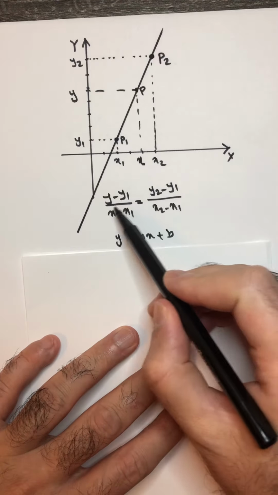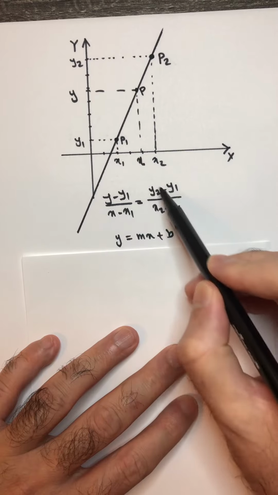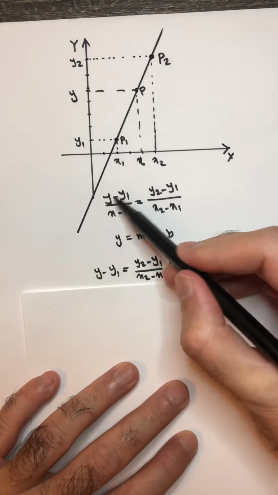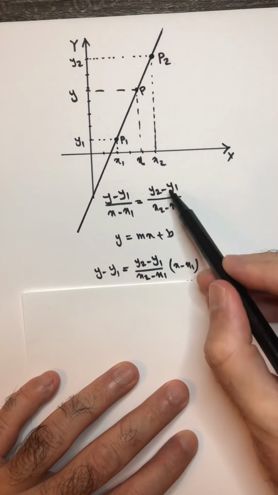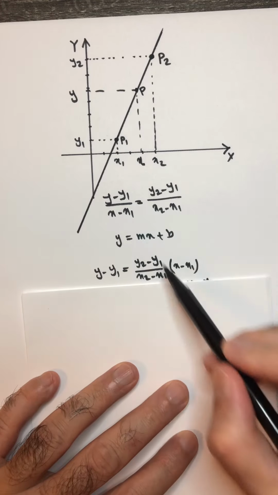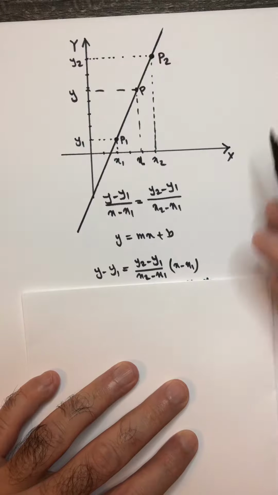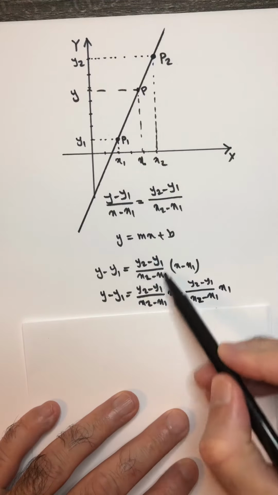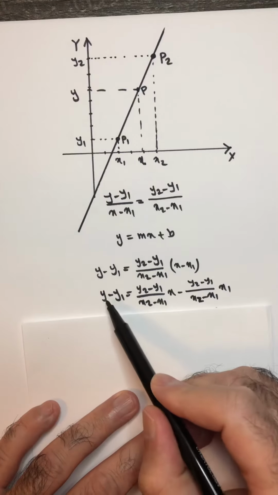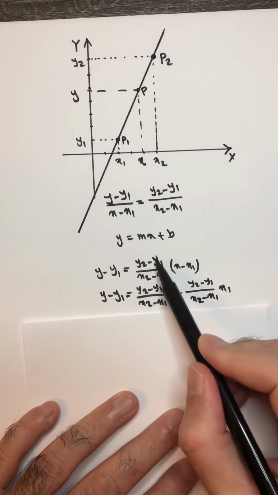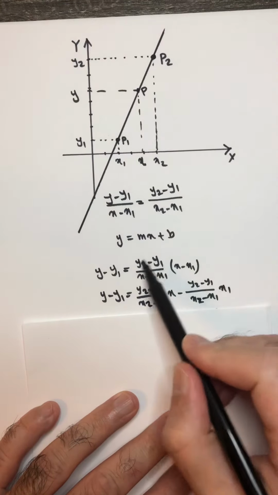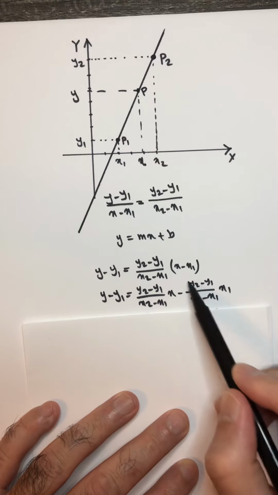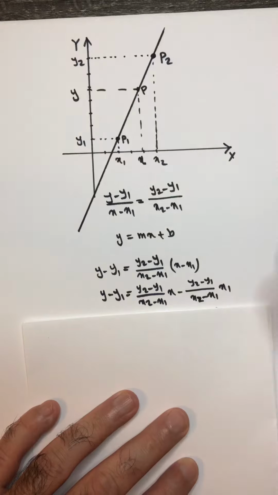And for that, we multiply x minus x1 by this term. So then we have y minus y1 equals this part multiplied by x minus x1. And then we distribute this term into these two terms, and we have y minus y1 equals the value for m multiplied by x, minus the value of m multiplied by x1.